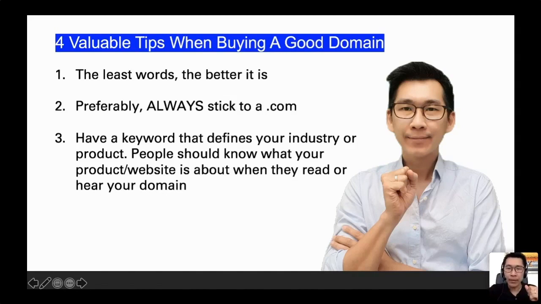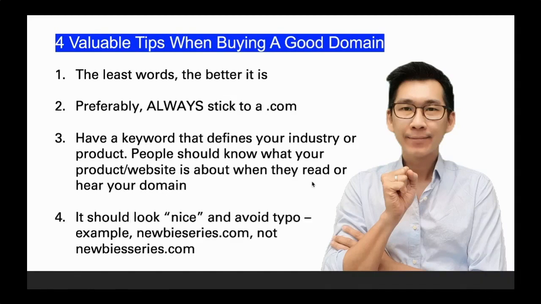All right. Okay, good. So your domain name should look quote unquote nice and avoid typos. For instance, if you see this example here, newbieseries.com should be the right domain name. It should look nice, because if you get newbieseries.com, do you see the problem of the double S there?